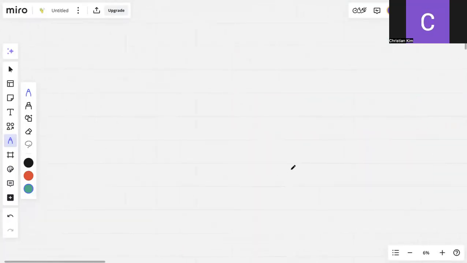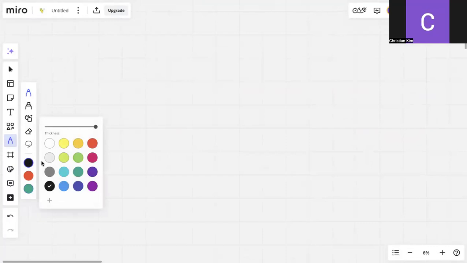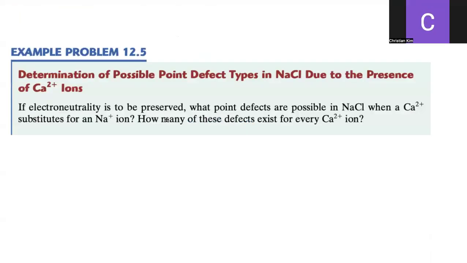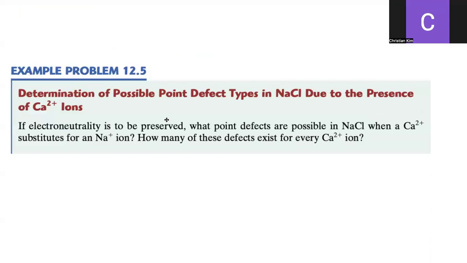Third part, let's change my color to purple. All right, so we're going to determine the possible point defect types in NaCl due to the presence of Ca2 plus ions. So if electron neutrality is preserved, what point defects are possible in NaCl when calcium 2 plus substitutes for Na plus ion?